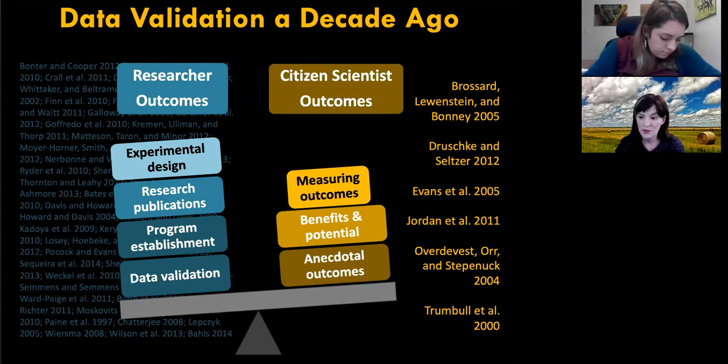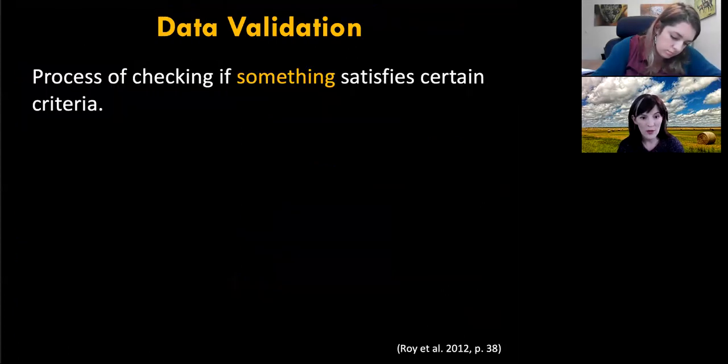And so there's also a lot of experience from program leaders on when and how to validate data that's built up over these years, I think, as well. So some of this has resulted in guides and manuals, some that I'll share in this presentation. There are templates and other resources out there on how to determine and strengthen the quality of the data that you have. But before we go on, I just want to go back to this one more time.